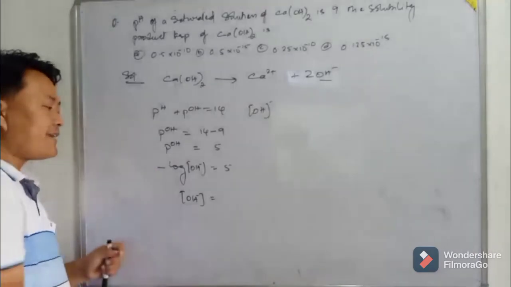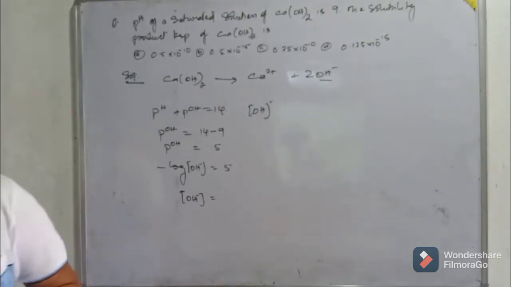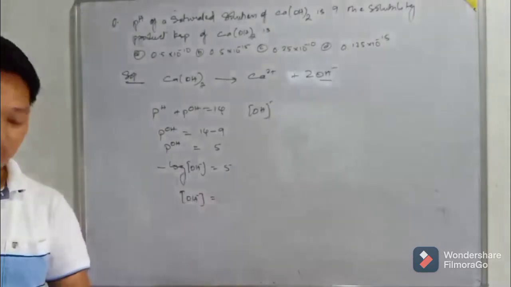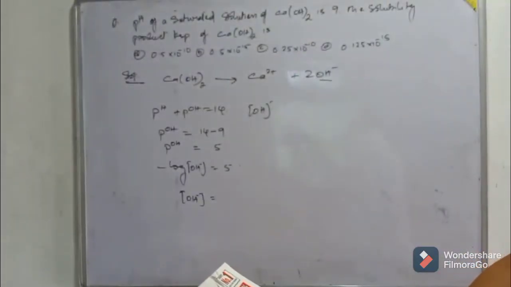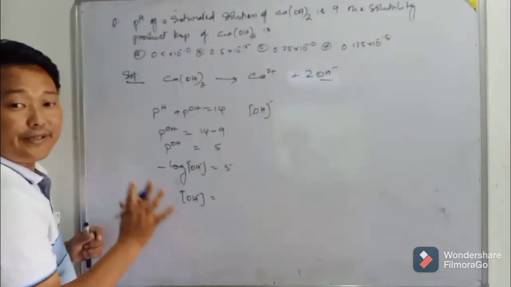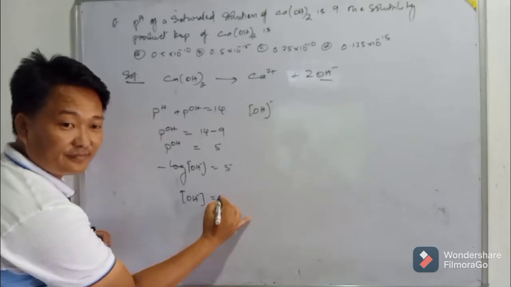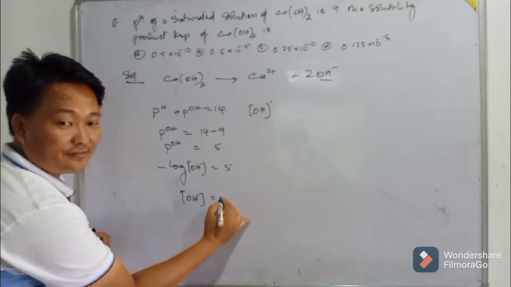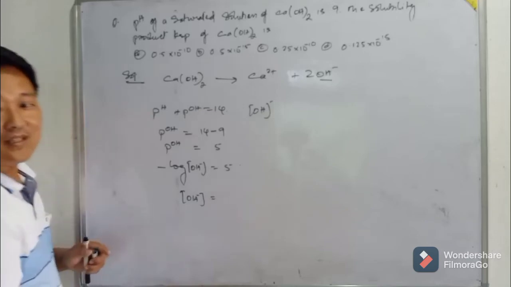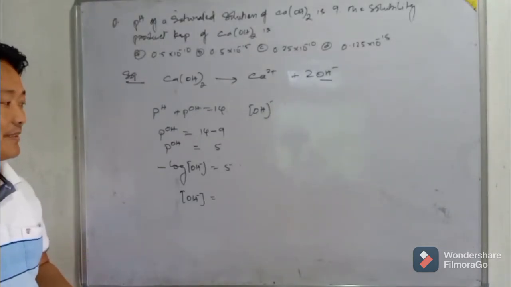Now see, minus... anti-log will be how much? 5, and anti-log is not given in the question. Okay, so now how to write it? Tell me, anti-log.